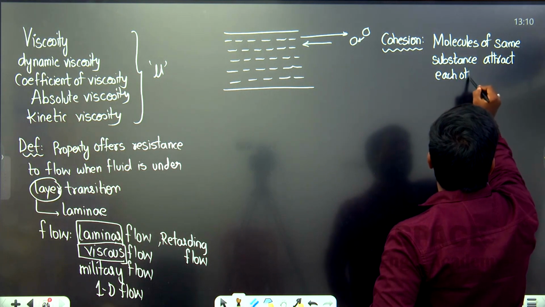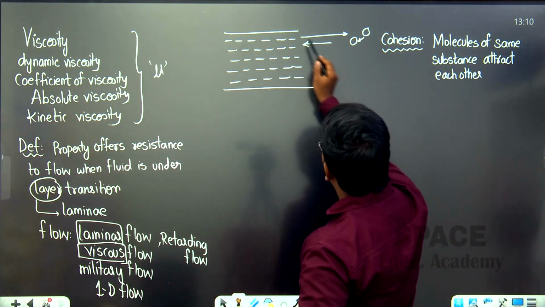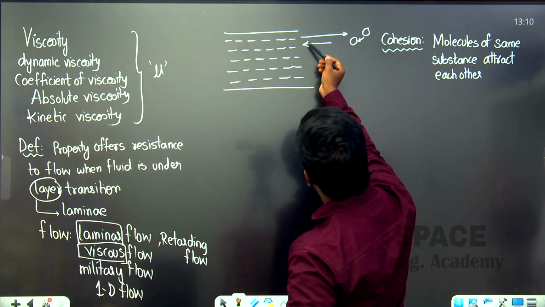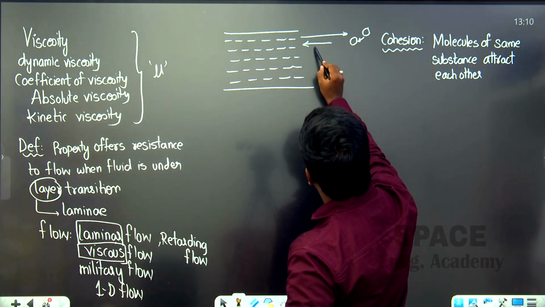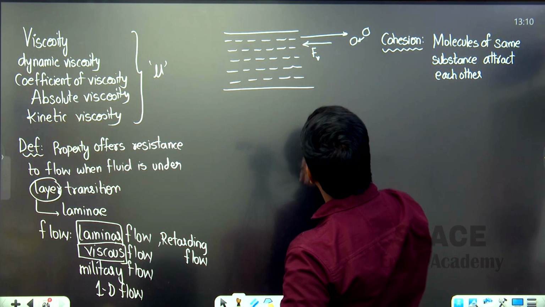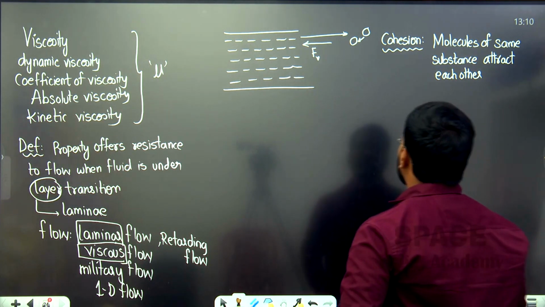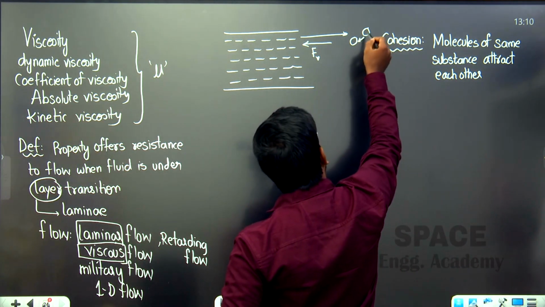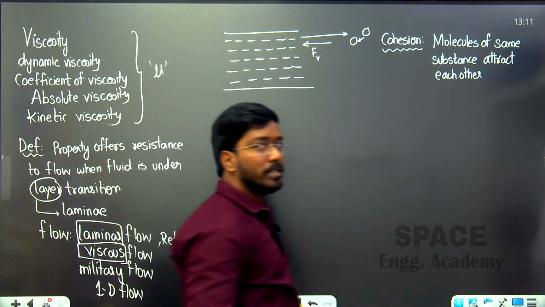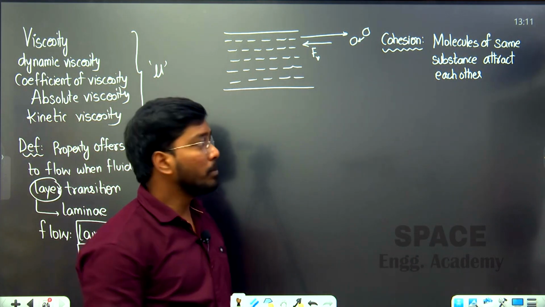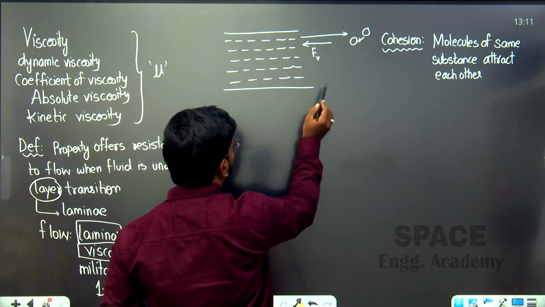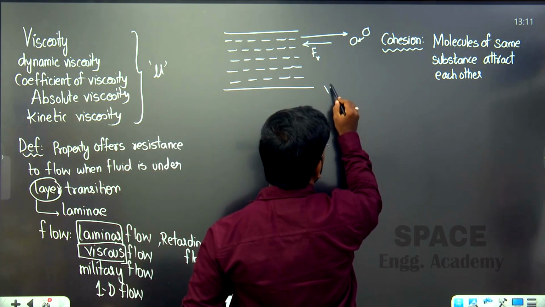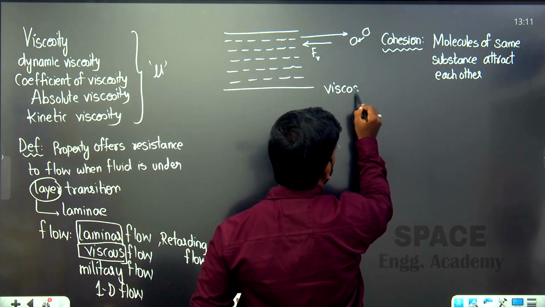So now we know that when the first layer is moving, the second layer is creating the resistance. Let's say that is a shear force or viscous force, a resistance. It is due to the molecules of the same substance, that means same molecular attraction. That means viscosity depends on this property, which we need to memorize now.